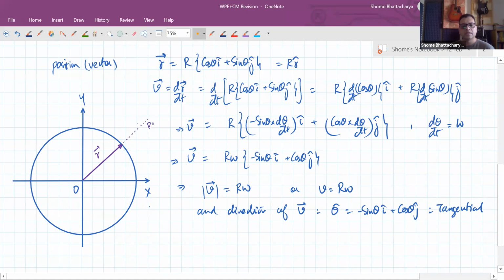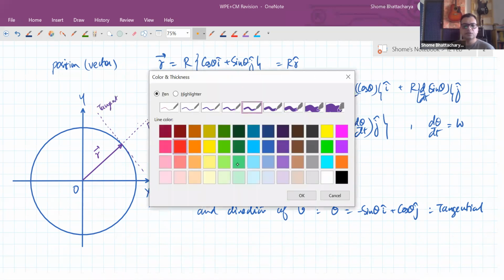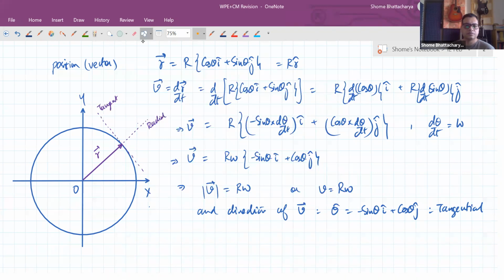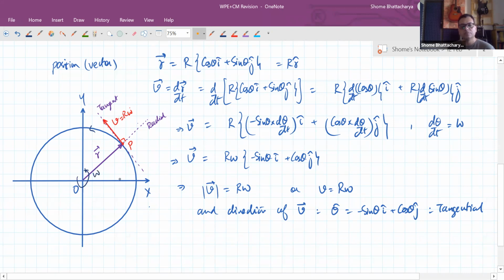So this is your radial direction, and this is our tangential direction. So the instantaneous velocity vector of our particle located at this particular position at this instant will be like this. Okay. And that's how it is related to the angular parameter of omega.